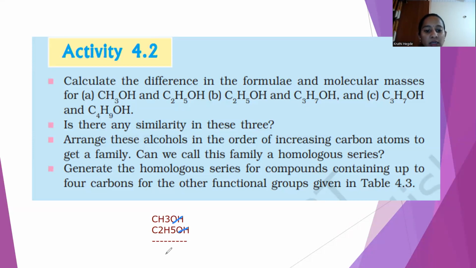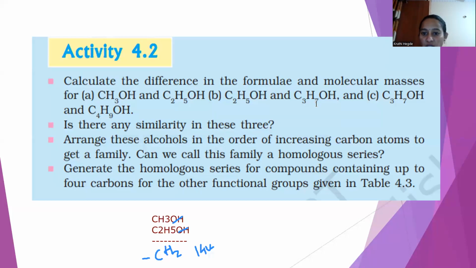H5, H3. How many difference? 2 hydrogen difference, right? And C2, C1. So 1 difference. CH2 is the difference. So if CH2 is the difference, molecular mass difference will also be obviously 14U. I need not calculate again. Already I have calculated in the previous slide. It is 14U.